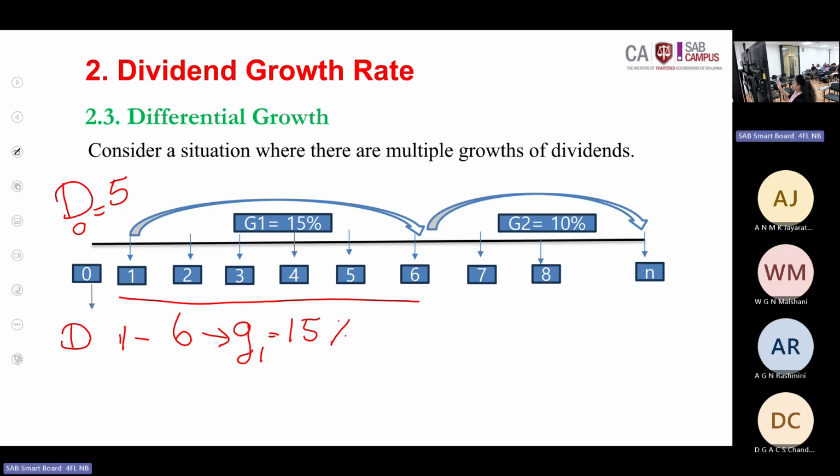So our dividends D1 to D6, from the first year to the 6th year.